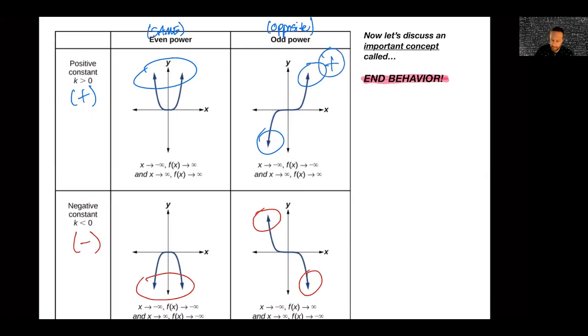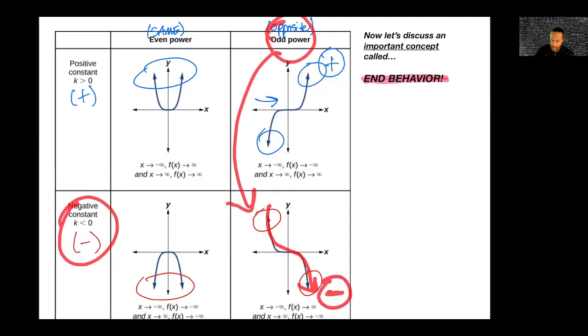But when it's negative in front of that odd power, that means we're going to end up from left to right going in the negative direction.